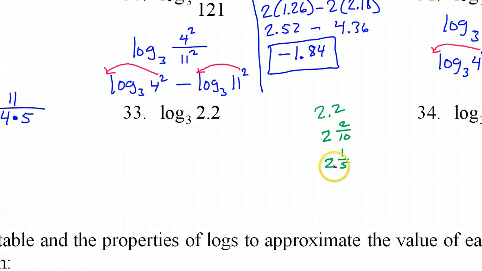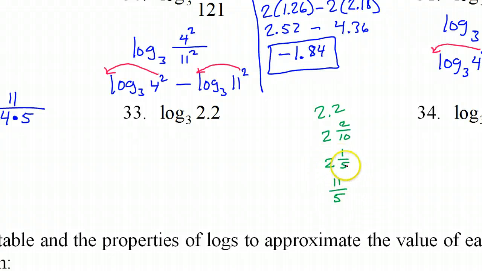Now I can turn this into an improper fraction by going 5 times 2 is 10 plus 1 is 11. So this is like 11/5. Okay, so 2.2 is the same thing as 11 over 5. If you've never seen that before, I know they taught it to us in elementary school, but that was like 1,000 years ago.